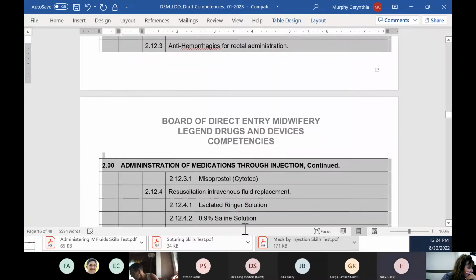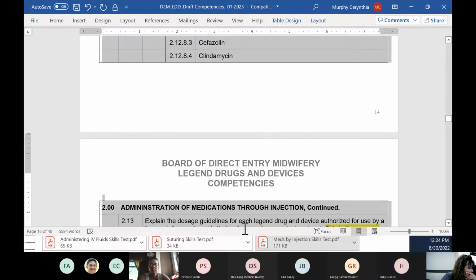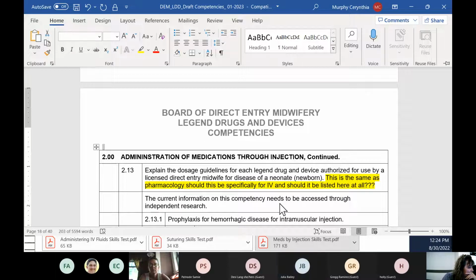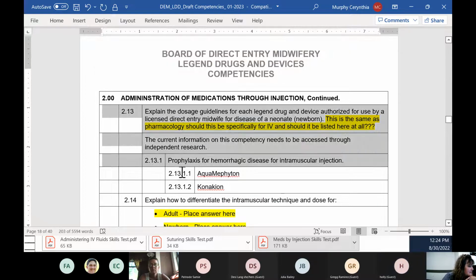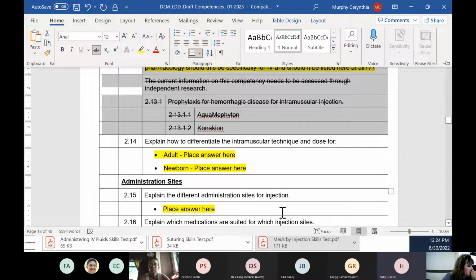Okay. 2.13, we've already discussed all of this. It's repeated in every section. Now, what about 2.14? I don't think this one is asked anywhere. And we do define the different routes.